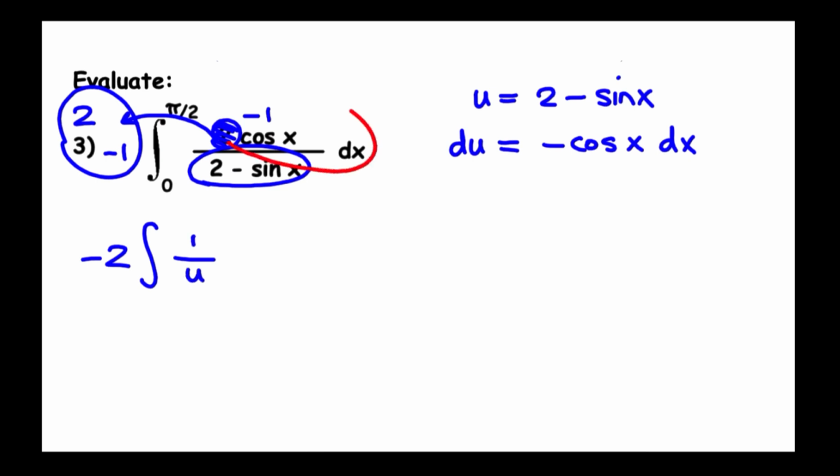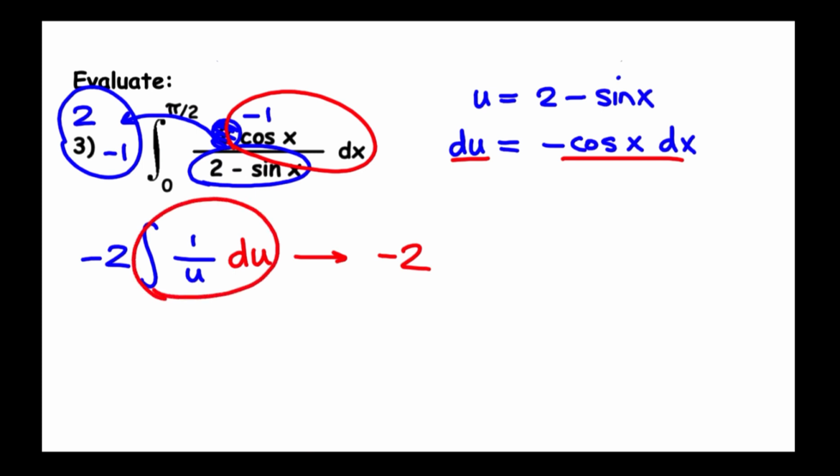And then everything else, the negative cos x dx, is du. Remember, you never ever want to mix x's and u's together when you integrate. That's just a recipe for disaster. But we're not going to have a disaster here. We're going to have a great answer of negative 2 natural log of u.